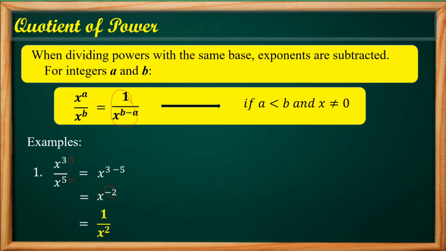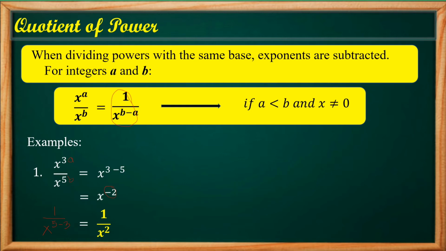Now, sir, why did the negative exponent disappear? Remember, on this part, if we apply this directly, it becomes here 1 over x. Right, first is the b. What is our b? 5. Minus our a, which is 3.